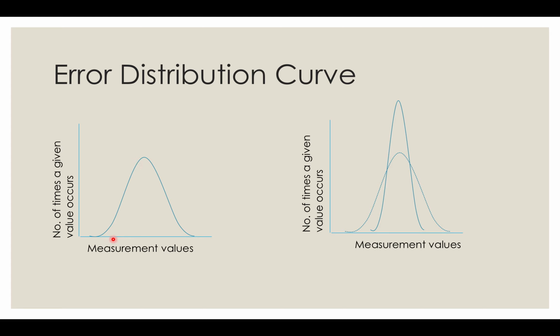In this graph, you plot the different measurement values that you have taken, and on the y-axis you plot the number of times those readings have come up while you are measuring. When you plot the number of times a given value occurs against the measurement values, the shape looks like a bell curve, or, in more mathematical terms, a Gaussian curve.